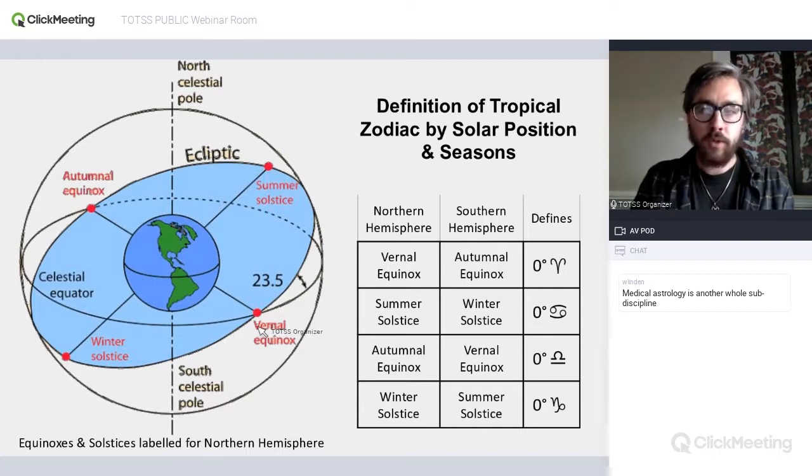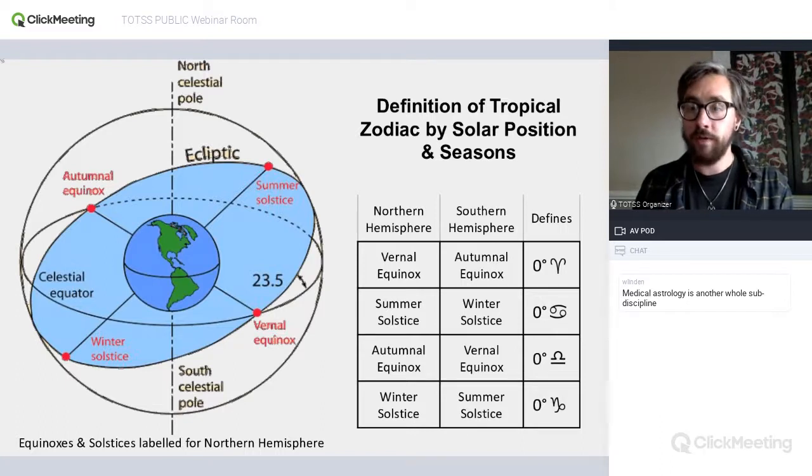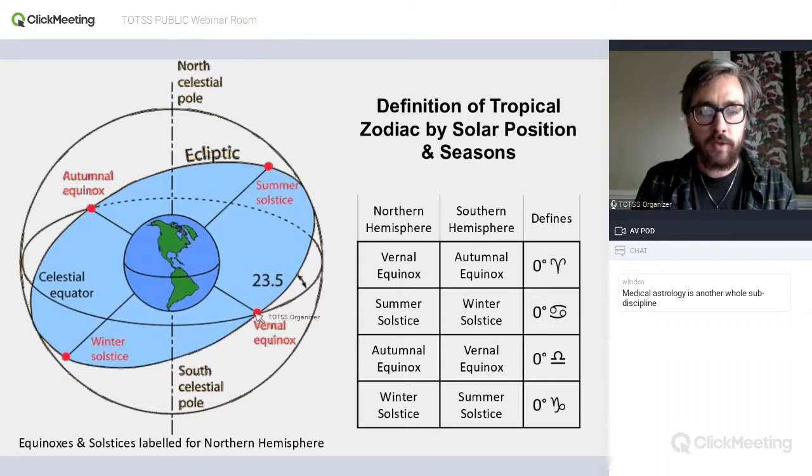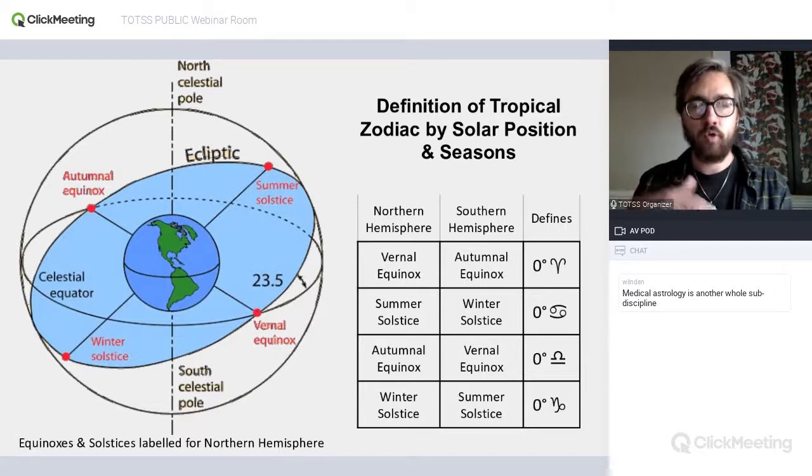So the equinox and solstitial points are defined as locations of the sun. A week ago, when we had the vernal equinox, the sun was right here. The sun always moves around the ecliptic, and in fact, the sun's motion over the course of the year is what defines the ecliptic. The 2 equinoxes are the 2 places where the ecliptic crosses the celestial equator.